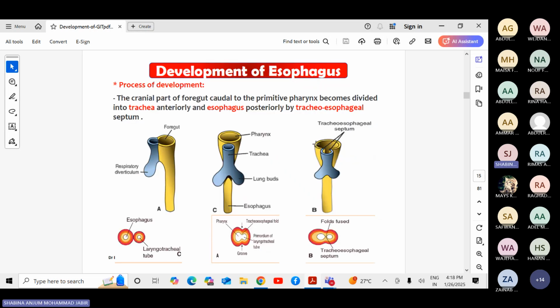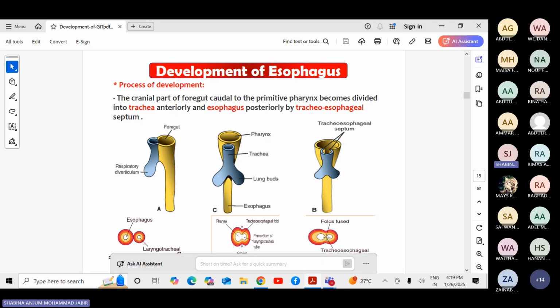Something very important to know is that there are two tubes which are developing together. Here we can see this is the first stage. Here you can see that two tubes are developing together, and in between them a septum called the tracheoesophageal septum will develop.